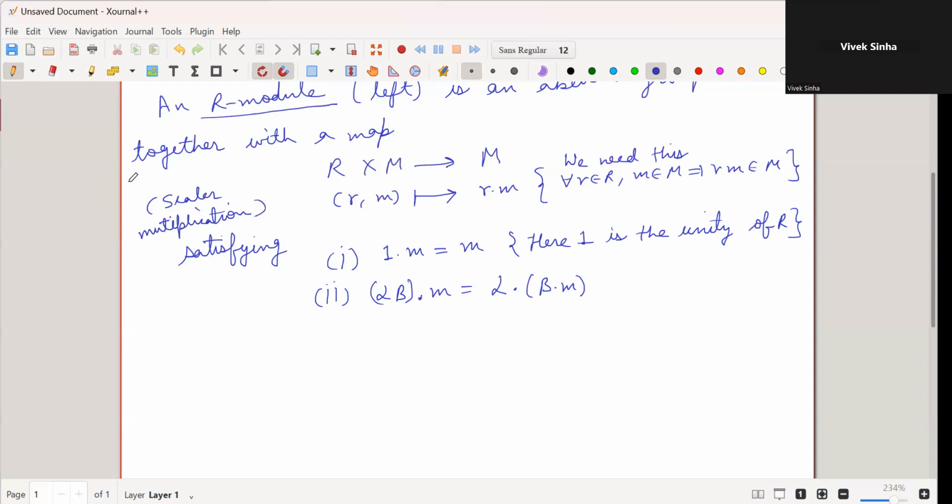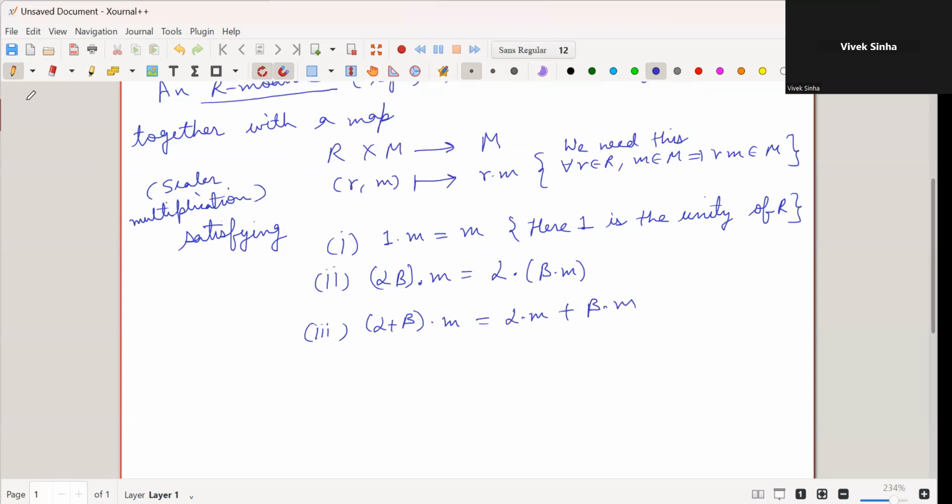Now, this map should be compatible with the addition operation also. What I mean by compatibility is, the third property says alpha plus beta, where this addition is in the ring, times m should be equal to alpha dot m plus beta dot m.